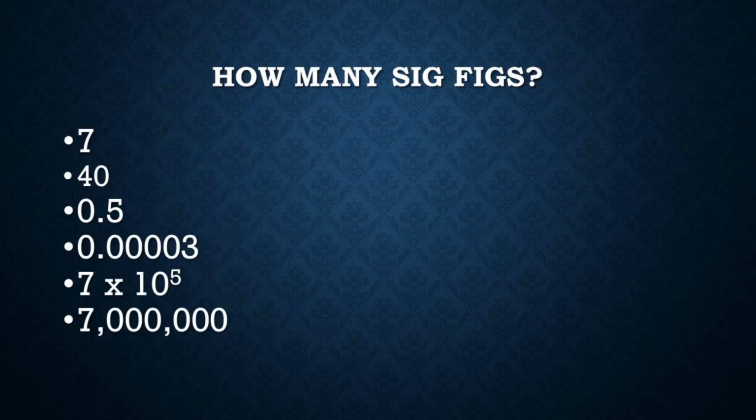How many significant figures in these numbers? 7, 1, 40, 0.5, 0.00003, and 1.7 multiplied by 10 raised to the power 5, each of these has 1 or 2 significant figures.